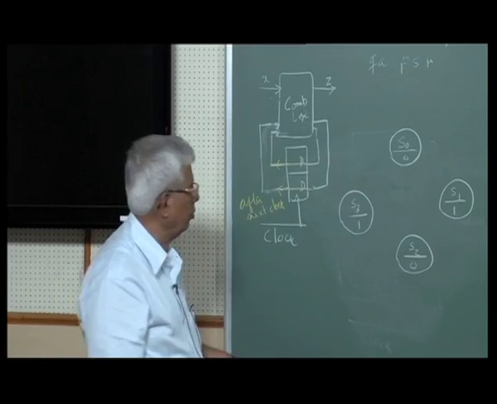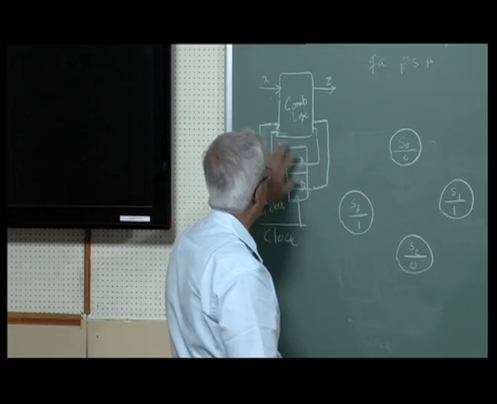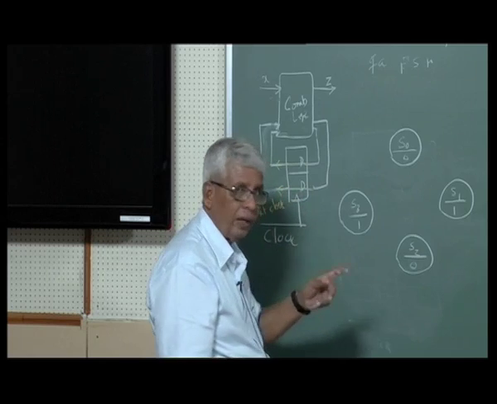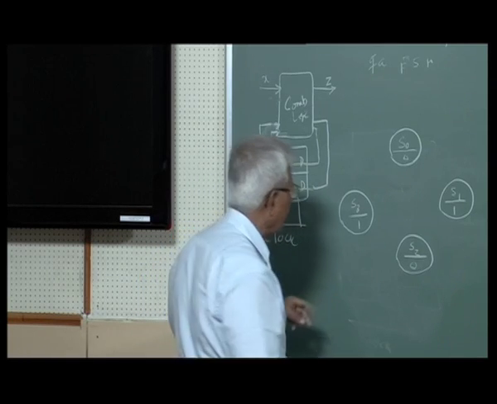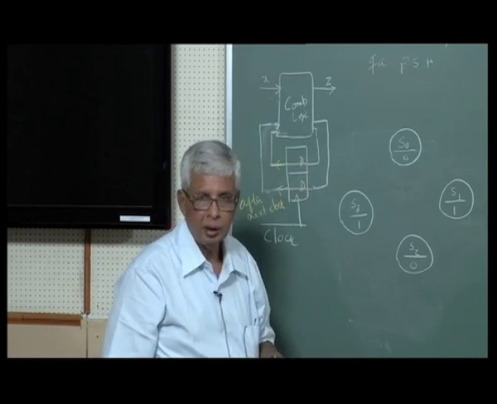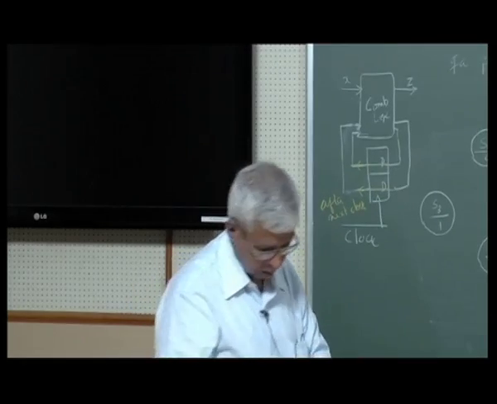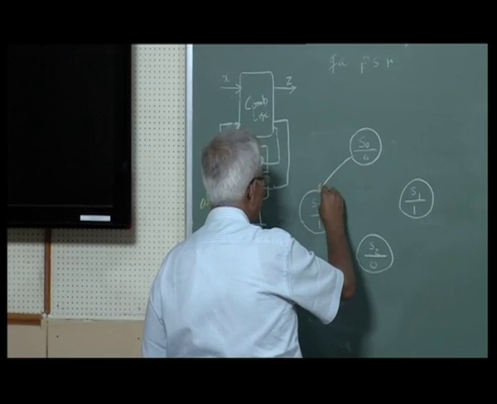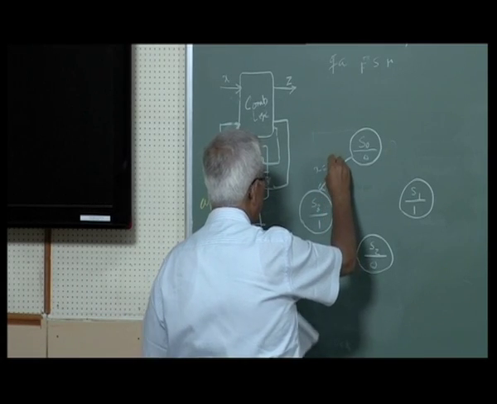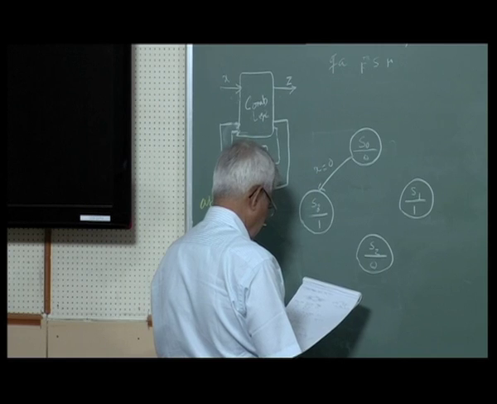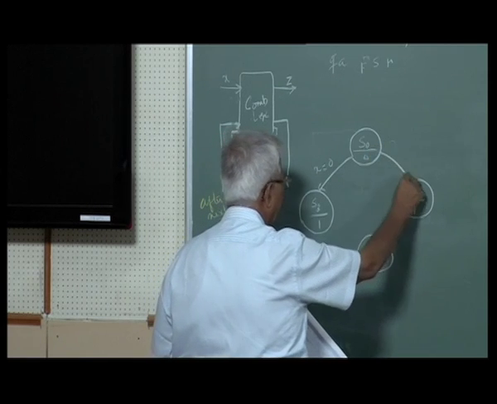Since there is only one input, x can take 0 value or 1 value. If x is 0, what happens? If x is 1, what happens? From each state. So, x is 0 goes from S0 to S3. x is 1 goes here.